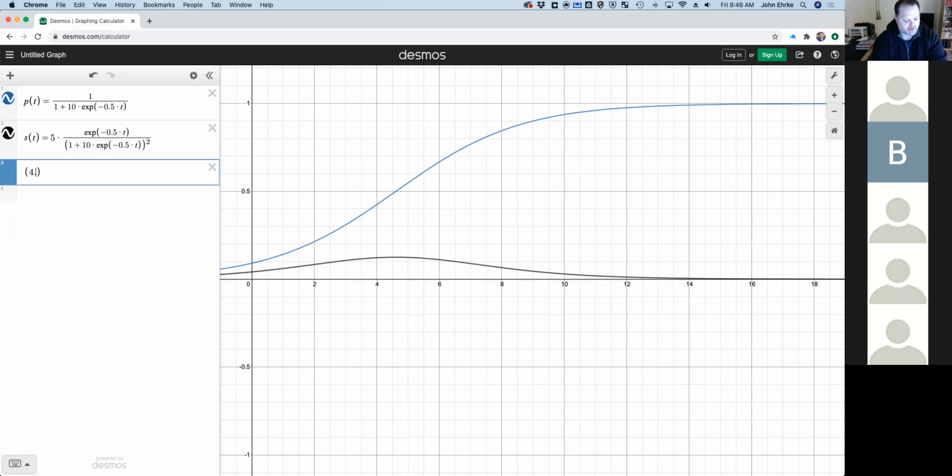So 4.605 and then P of 4.605. Sorry, little p. That is the point on the curve at which it's rising the fastest. The significance of that number is 0.5, right? Do you see that that's at 0.5?